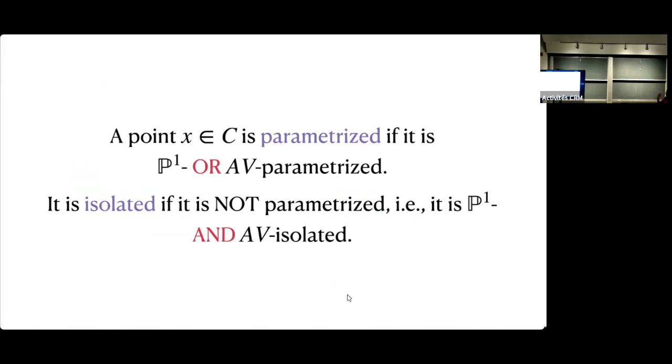Okay, so this is partitioning all of the algebraic points on the curve, which is of any degree. There's infinitely many algebraic points on the curve, and it's partitioning them into these two classes, being parameterized and being isolated.